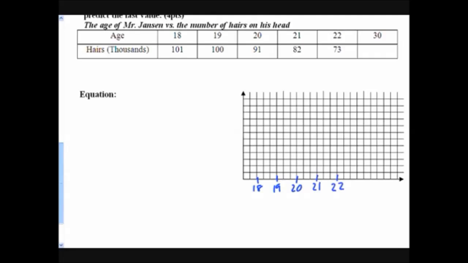Again, I want to use as much of the graph as I can. I could have spread that out a little bit more. This should be all right. And now the hairs on my head, I'm going to put a little zigzag in here to say that the graph is condensed. I'm going to start somewhere around 70. And maybe we'll do 80. Well, I could spread that out a little bit more.